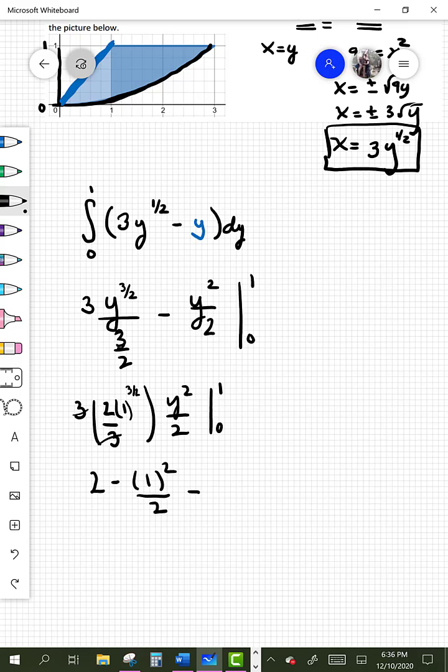So we're still left with 2. Minus, now let's plug in 0 wherever we see a y. And so we have a 0 here and a 0 here, so it's minus 0. We have 2 minus 1/2, which is 4/2 minus 1/2, which is 3/2, which is the same thing that we got when we integrated with respect to x.